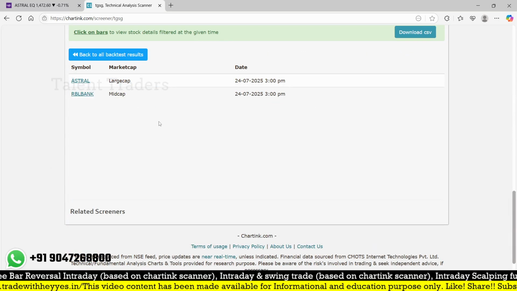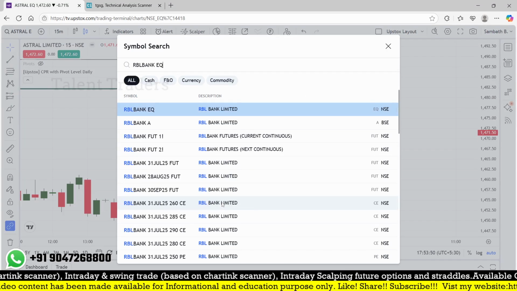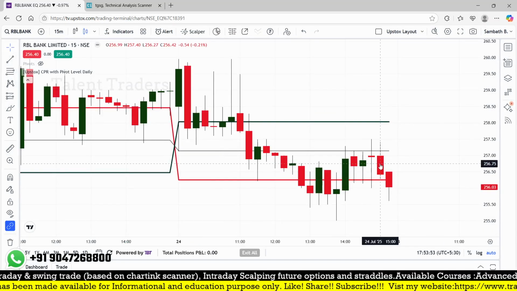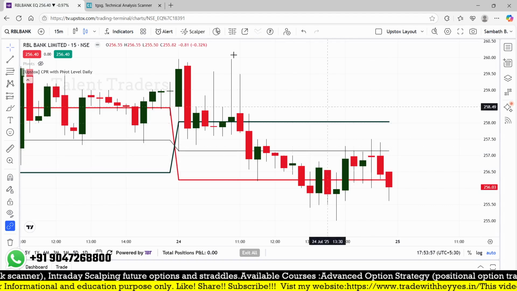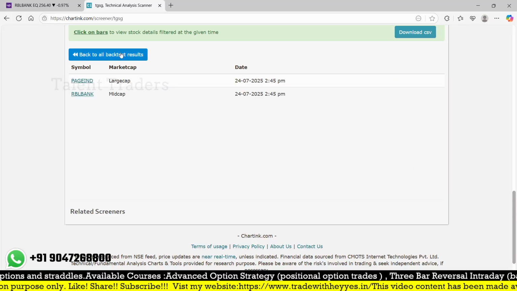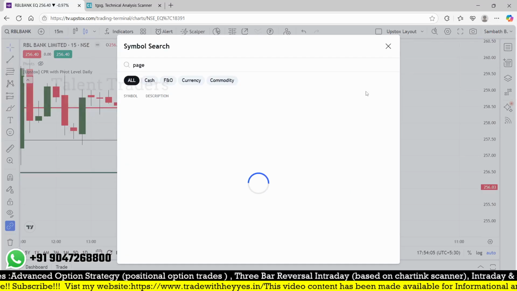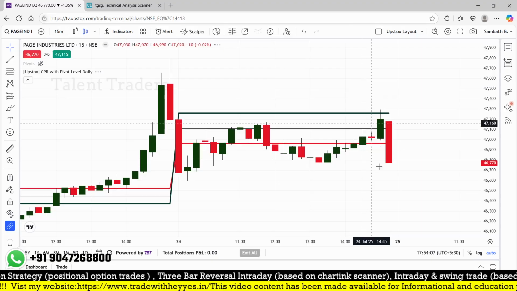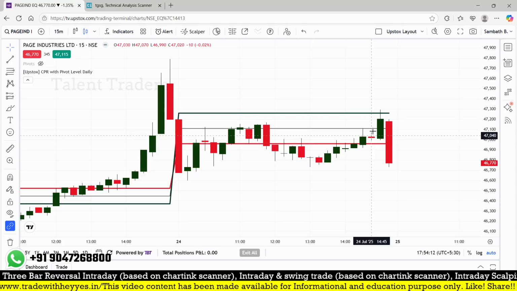Let me go for the same stock, RBL, also there. RBL Bank equity in this candle shows it is inside between the levels, but the high is slightly higher, maybe some data issue. And previously the same stock, Forge Industries, was also a mistake, and that would be a great one. So exactly this, I'm just looking for inside between.